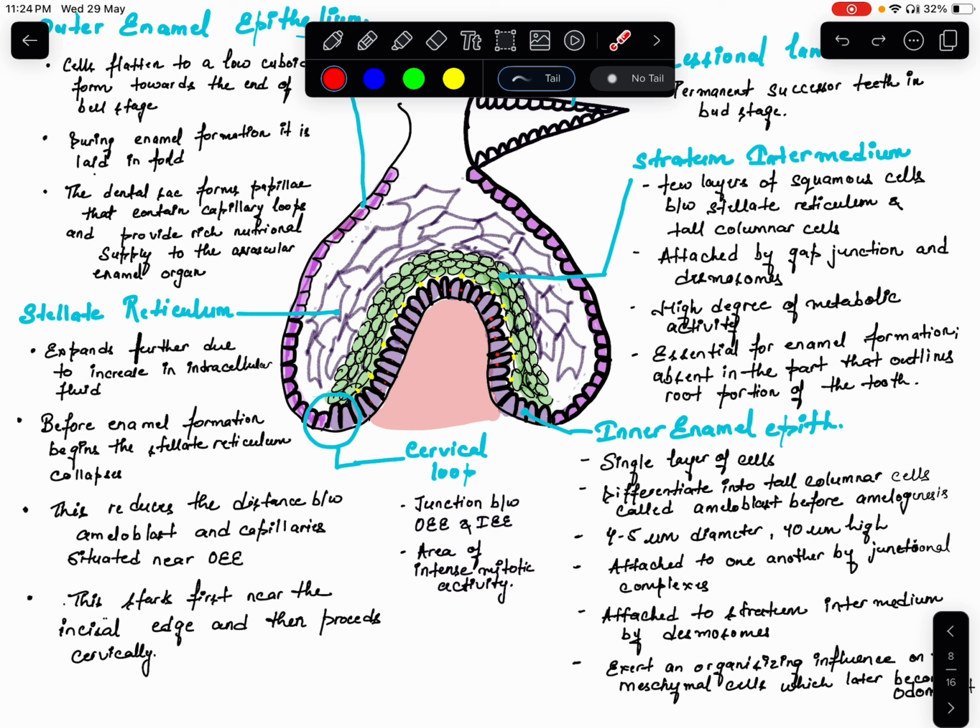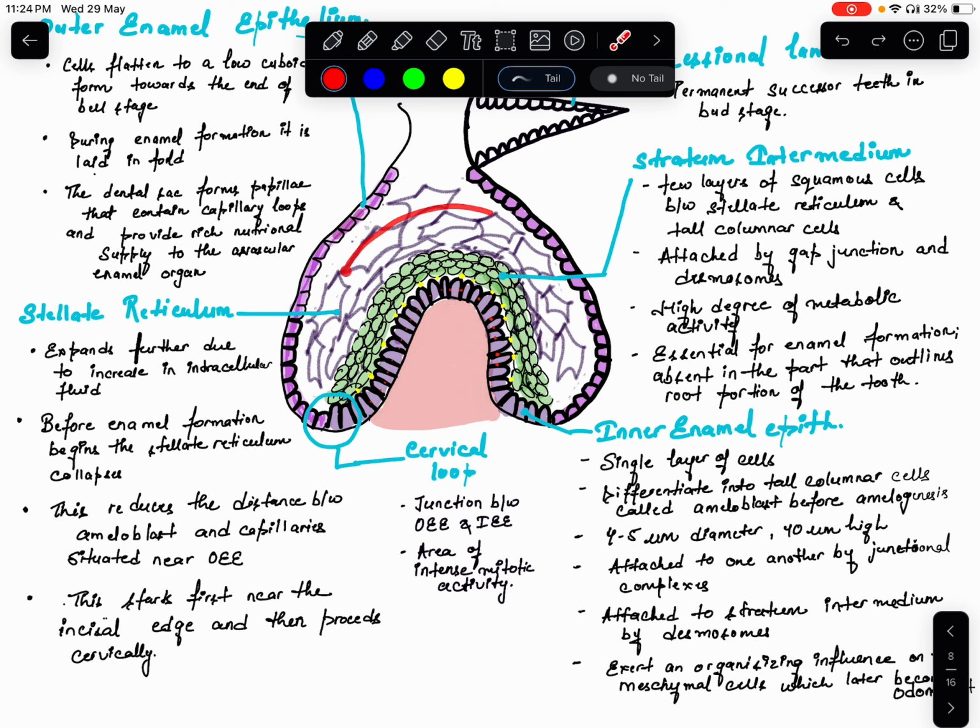And what happens upon it collapsing is that the distance between the outer enamel epithelium and the inner enamel epithelium decreases. And it has to decrease because, as I explained to you, dentine will be formed in there, right? Until now, the enamel organ was getting all its nutrient supply through the dental papilla. But once the dentine is formed, the nutrition supply will stop.